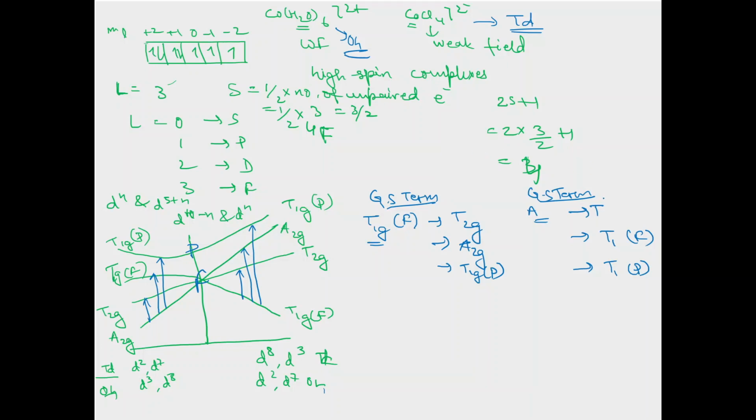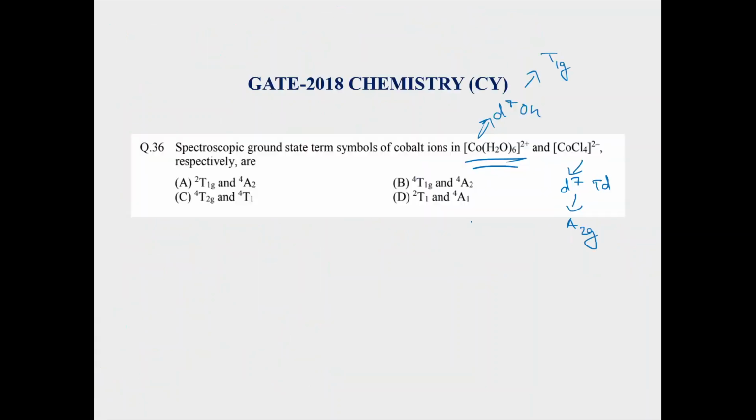So just T1 we will write, and this is T2. If it's an octahedral complex, then the g terms will be there. If it's not, then they will vanish. Everything else will remain the same. So here this is A2.